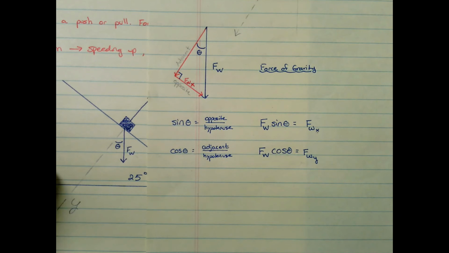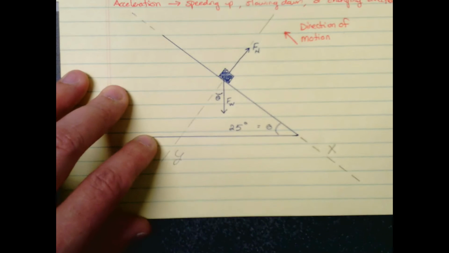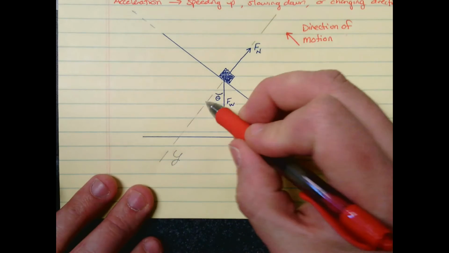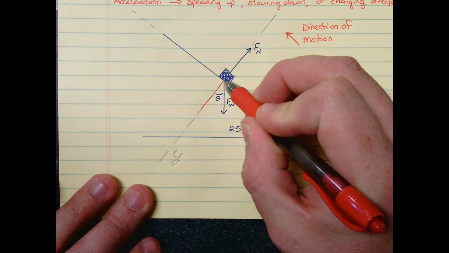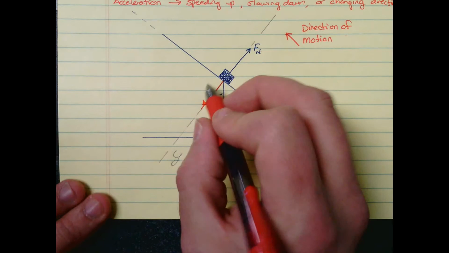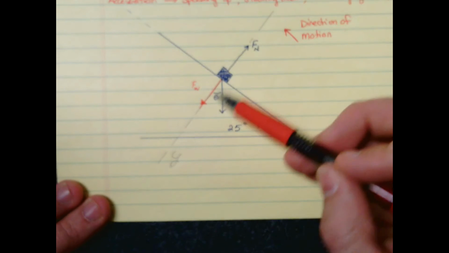Now, using that information, I can go ahead and draw it all in. So the part of FW here would be really FW in the Y direction.